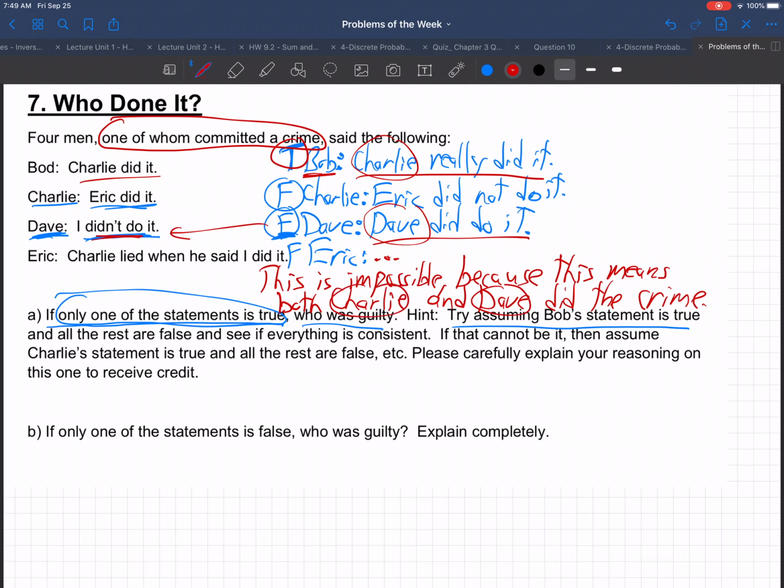That's what that means. To have Bob be true and the rest be false would logically necessarily mean that Charlie did it and Dave did it. But they told us only one person committed the crime. You can't have Charlie and Dave. So this is impossible. It's impossible that Bob is the only one telling the truth.